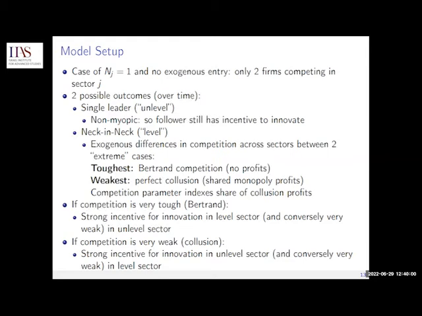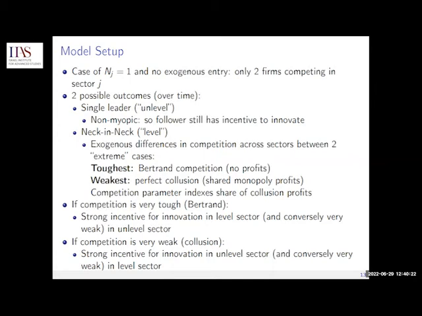So then you're doing very well when you're neck and neck with your rival. You're sharing in the collusion profits. Sorry, you're doing well, but your incentives, of course, are going to be when you're unlevel, right?